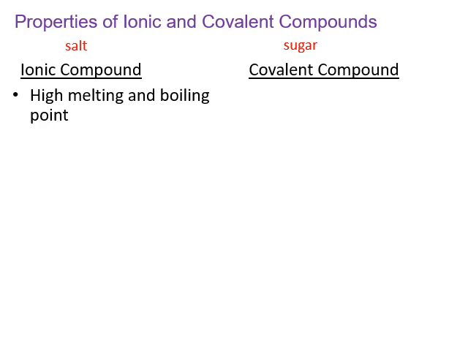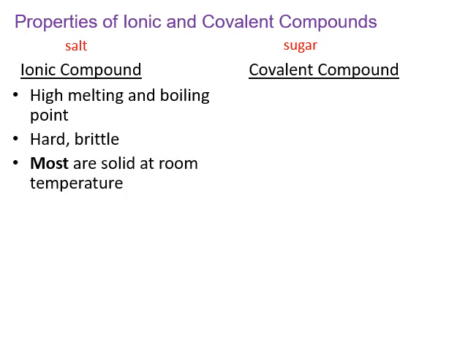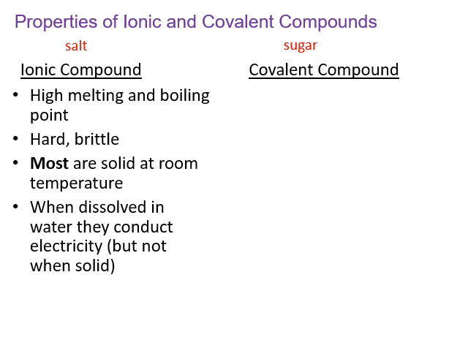Because salt, ionic compounds, they have high melting and high boiling points. They're hard and they're brittle. Most are solid at room temperature. And when they are dissolved in water, they conduct electricity, but not when they're solid. They do have to be dissolved in water to conduct electricity. And we're going to talk about why with that in our next unit.